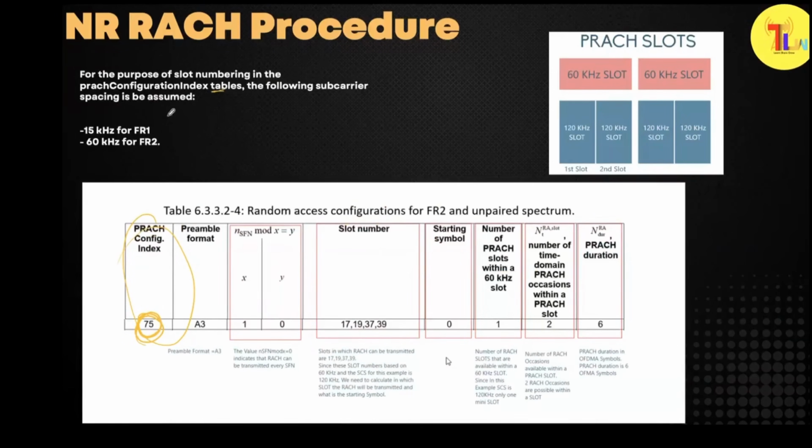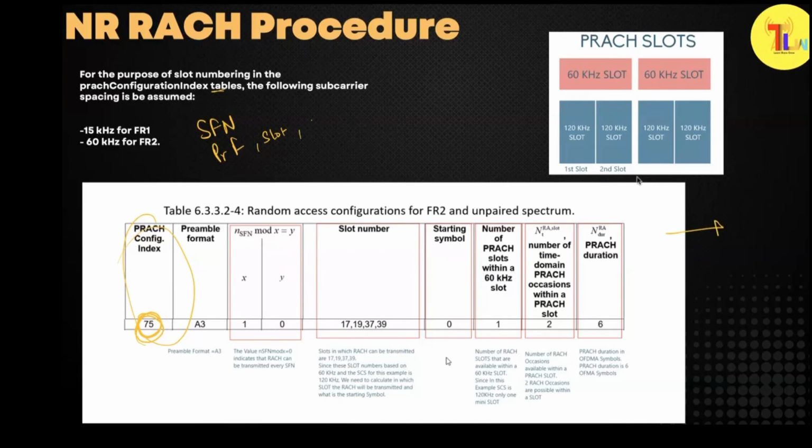As I have already told, the PRACH config index will tell you the system frame number, preamble format, slot number, the starting symbol, or subframe number. This is how I as a UE will understand the PRACH config index, as per 3GPP.